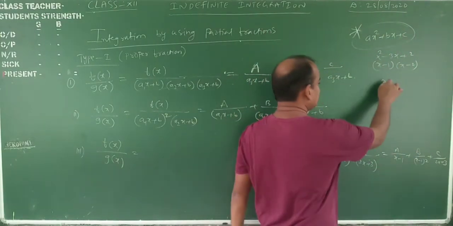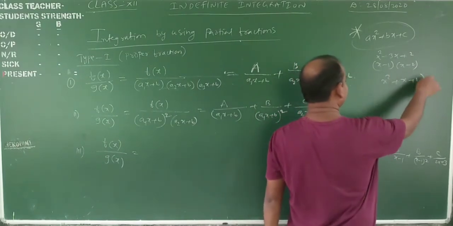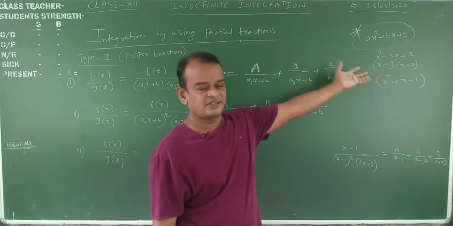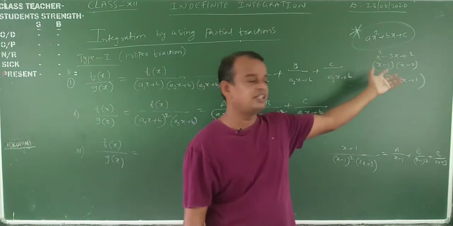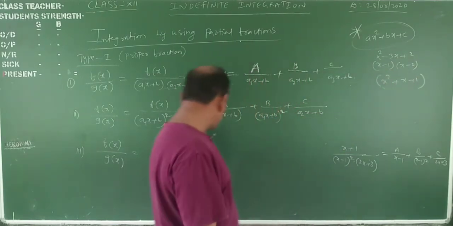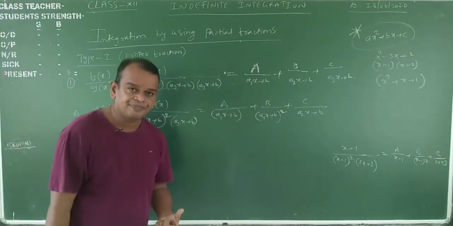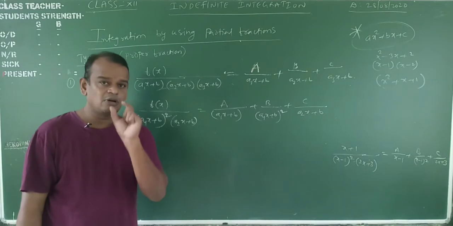For suppose you have observed x² + x + 1. Possible? It has no factors; it has complex roots. This type of question. That's why f(x)/g(x), where g(x) is an irreducible quadratic expression.